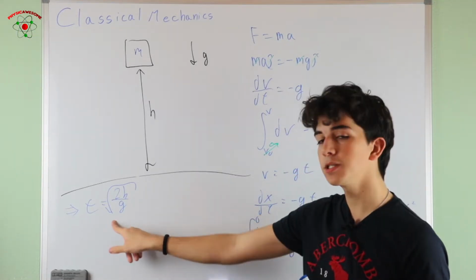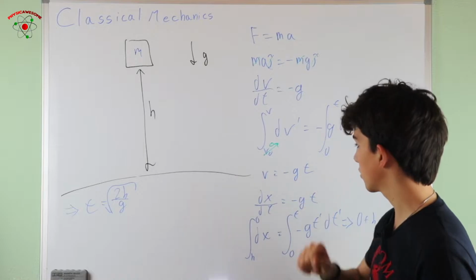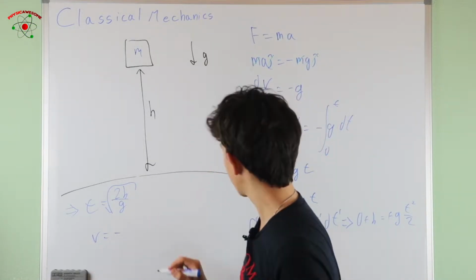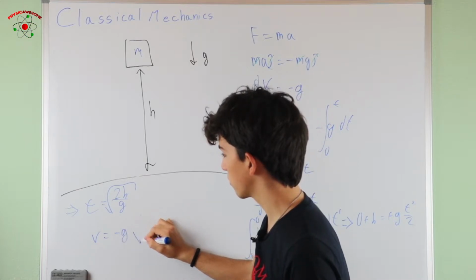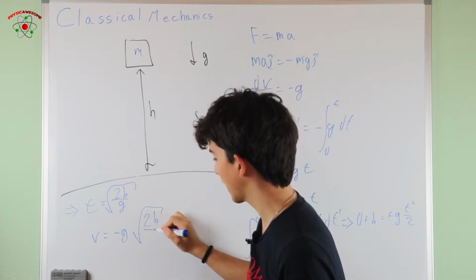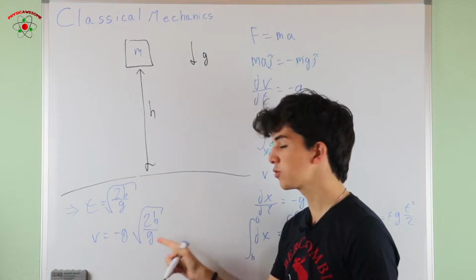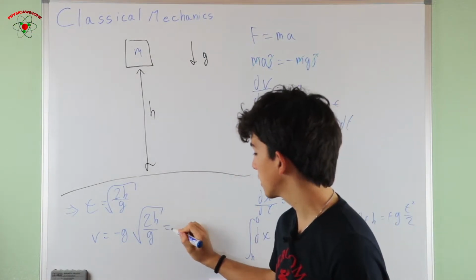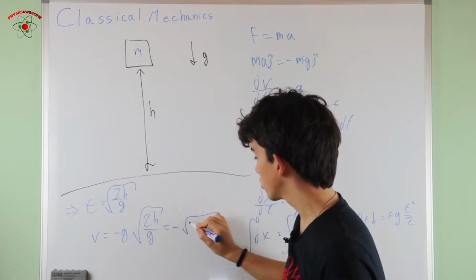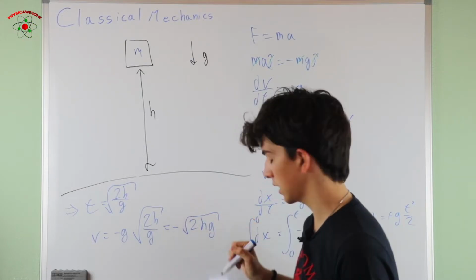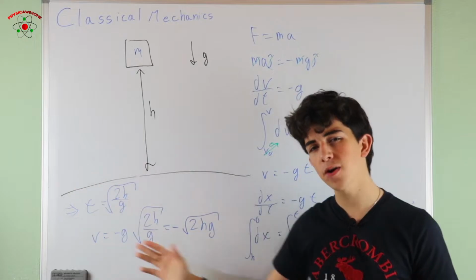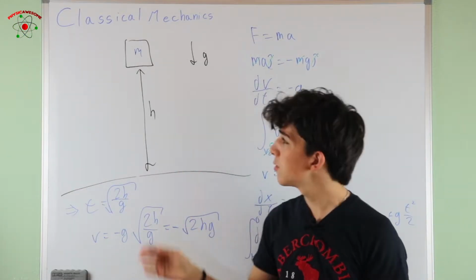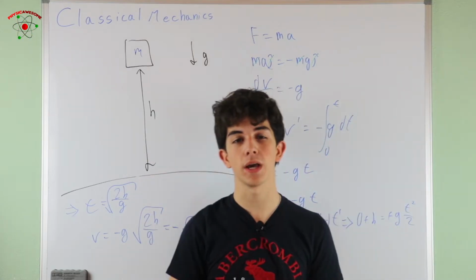Now we need to substitute this expression in here, and we get that the velocity equals minus g times our value for the time, which is the square root of 2h over g. This is equal to minus the square root of 2gh. And it has been a fairly long and complicated process for the easy problem we had.